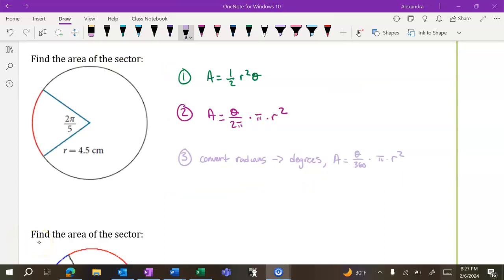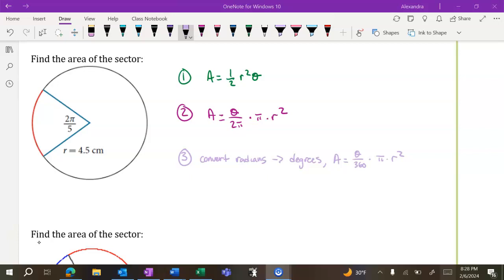So here, if I'm looking for the area of a sector and I give you radians, these are the three different ways that you can find that area, right? We have that original equation with our angle divided by 2 pi times pi r squared, or we have this equation but simplified right here, so the exact same math, just simplified.